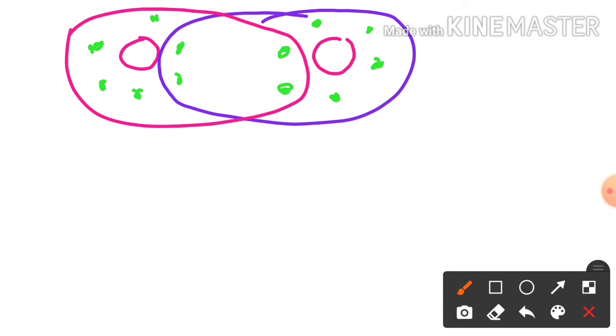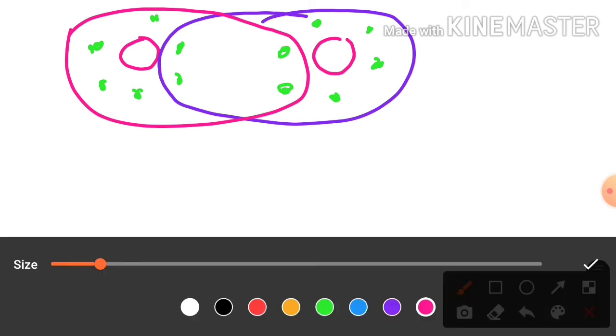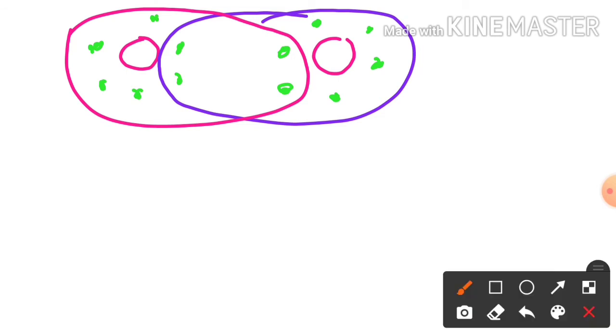And if you see the number of electrons in each circle, you will get 8 electrons, and at the center it is shown that there is a sharing of 4 electrons, and whenever there is a sharing of 4 electrons or 2 pairs of electrons, that is called a double covalent bond.